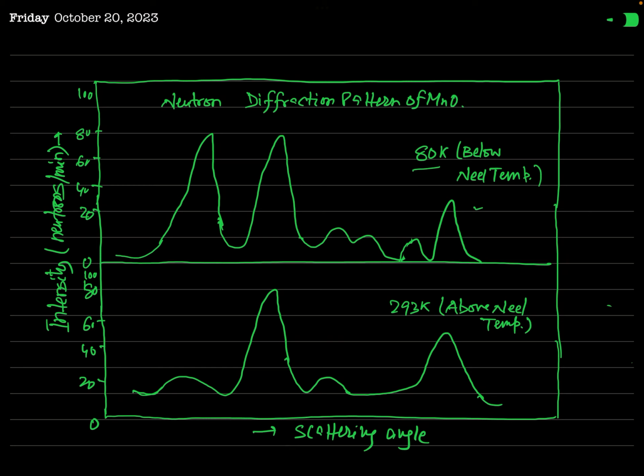If your aim is to locate the position of lighter elements like carbon and hydrogen, particularly in organic crystals, then neutron scattering will be more suitable. Okay, so these are three different scattering processes by crystals.